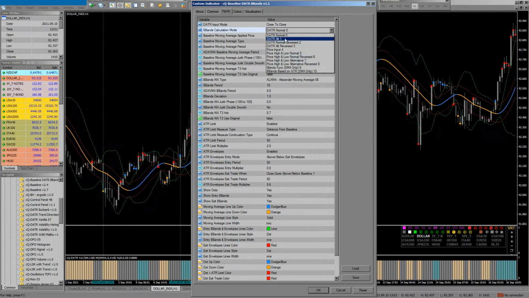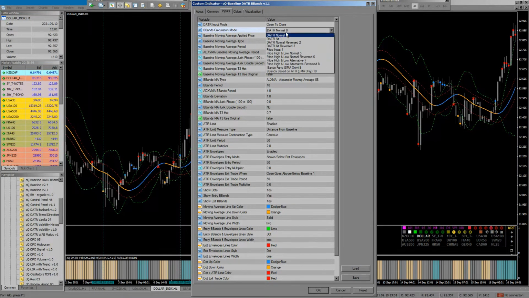These are the various modes that you can choose from. And the normal DATR is sending the directional ATR: for the up band, it's going to be generated using the directional ATR in the up direction, and vice versa for the down.